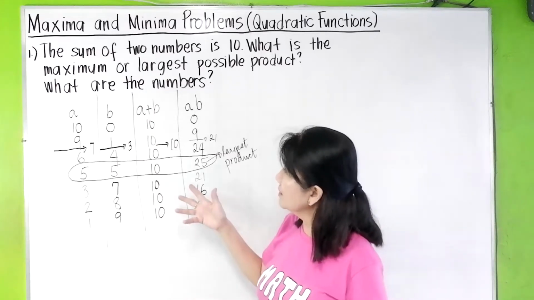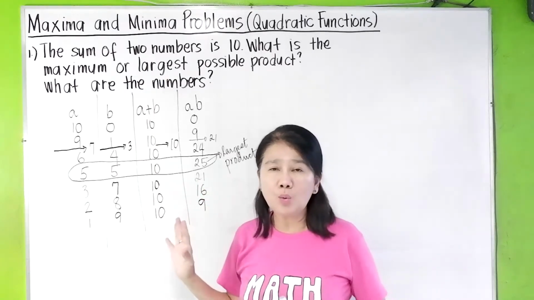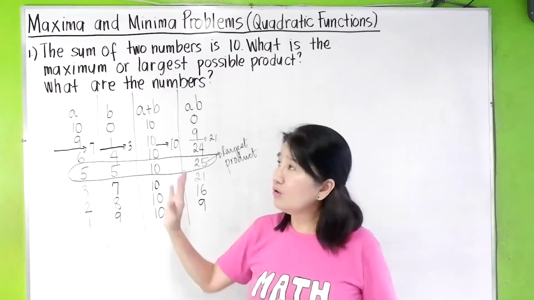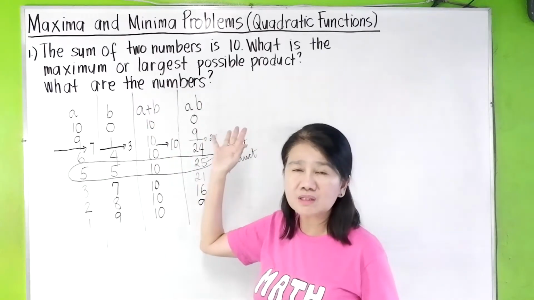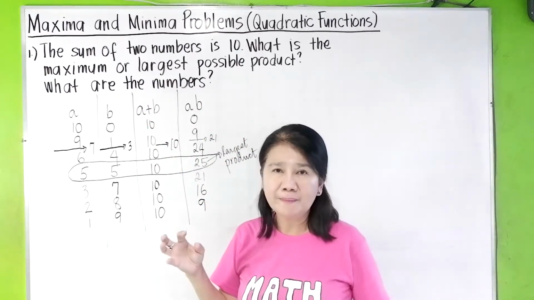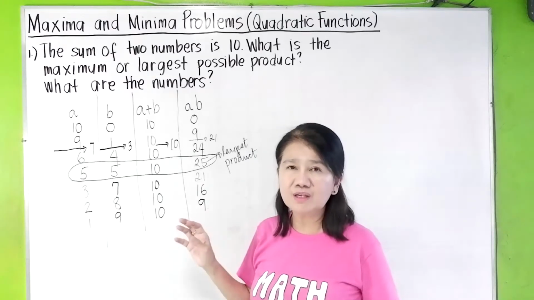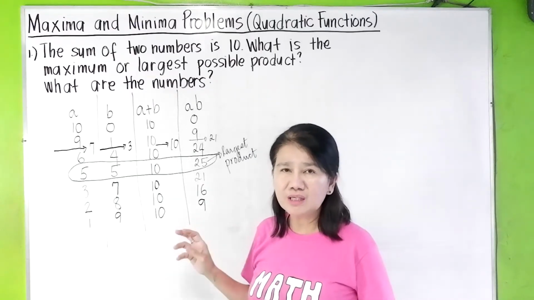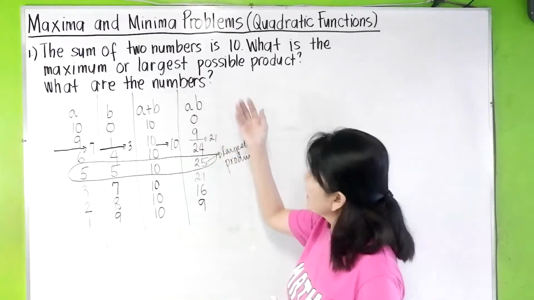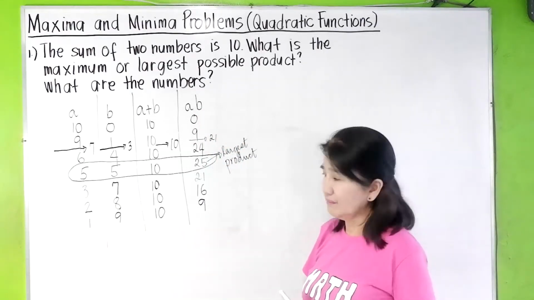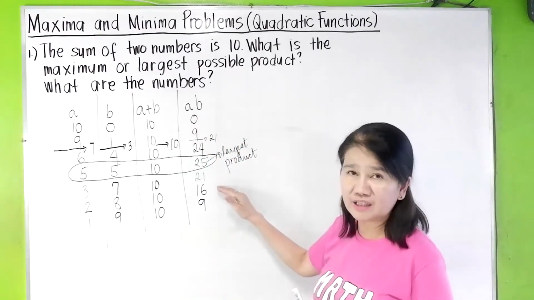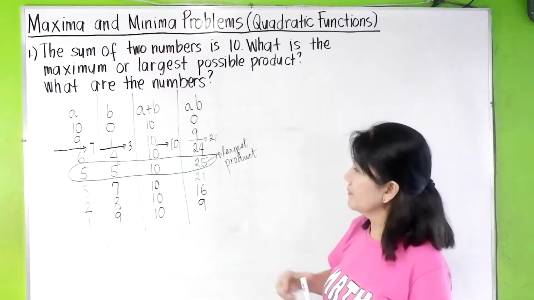Therefore, there has to be a way of solving such problems easily. And that is given by algebra using the quadratic functions, specifically using the vertex of the quadratic function.